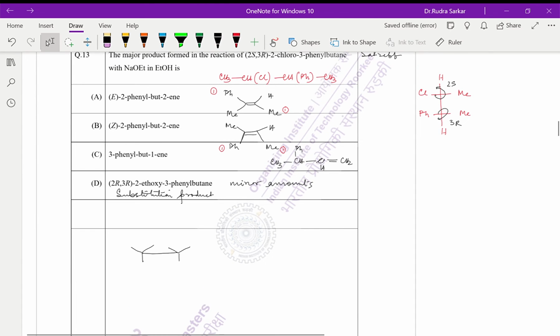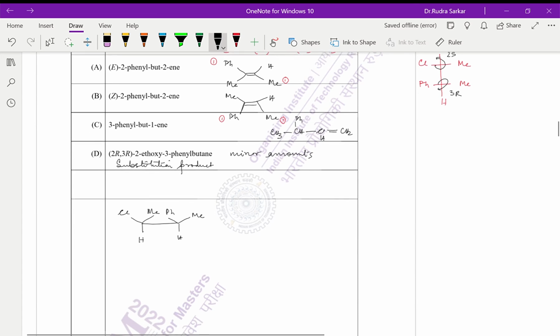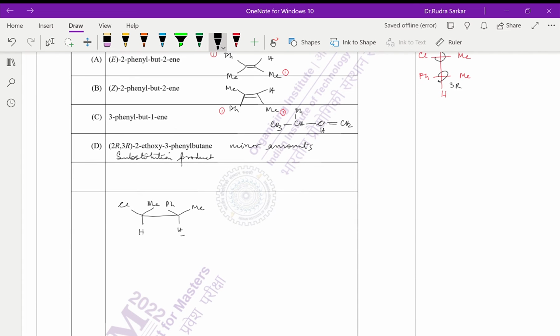So this is my H, that is my chlorine, and that is my Me, and that is Ph, Me, H. Idea here is to keep the H and Cl anti to each other, which would mean that it will be something like this.